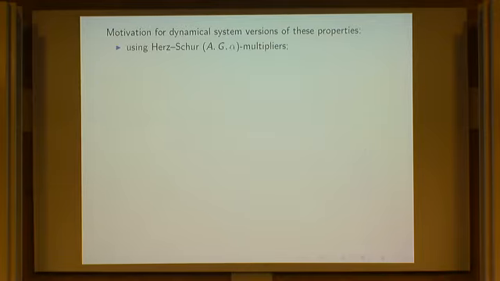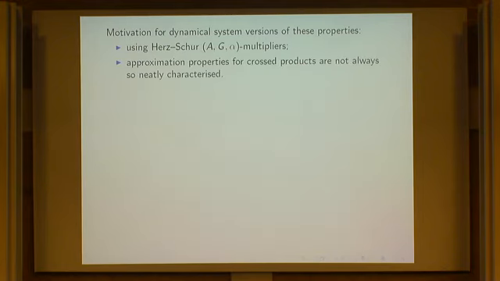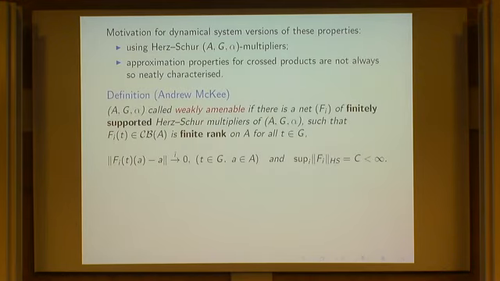Well, what happens if you consider the corresponding notion for crossed products? This result of Haagerup is about group C*-algebras, group von Neumann algebras. How about crossed products? So here is the result, a result of my student Andrew. The definition is not surprising to arrive at. Of course, that's the natural thing to do, I would say.